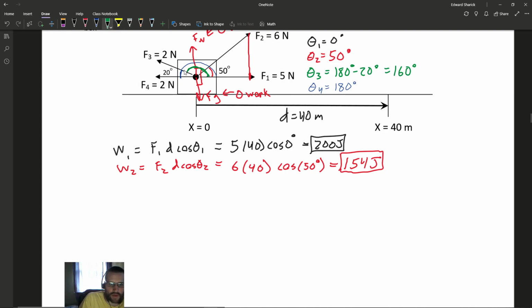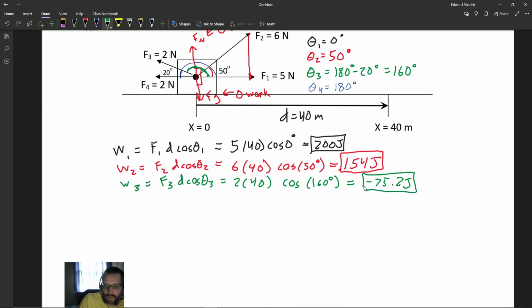Now for theta 3, which is this vector here, same idea, cosine of theta 3, force of 2, distance of 40, and cosine of 160. And this would get you a negative answer, negative 75.2 joules, which means this actually is working to slow the object down.